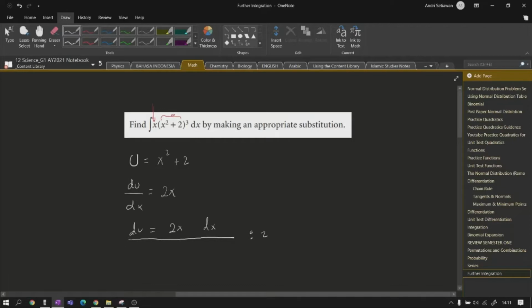So we get du divided by 2, we get half du equals, we can divide 2 by 2, we get x, and dx, just rewrite dx because you have divided by 2 in the front. Yeah, okay, so we get x dx. We can rewrite this equation to be the integral of x squared plus 2 power 3 dx.